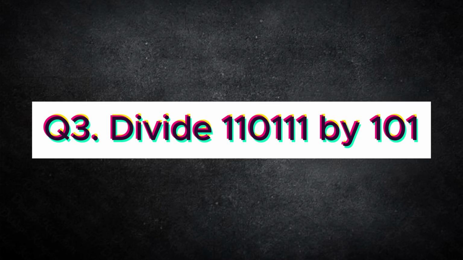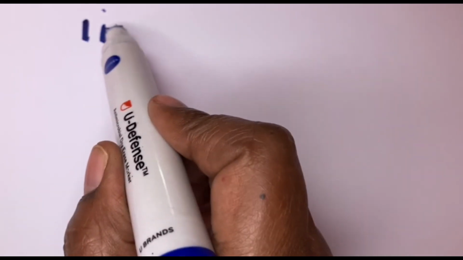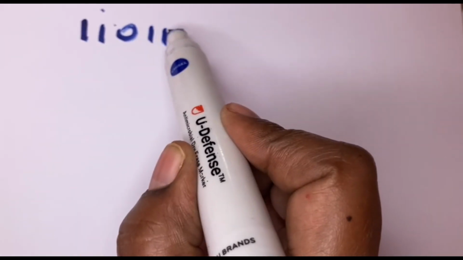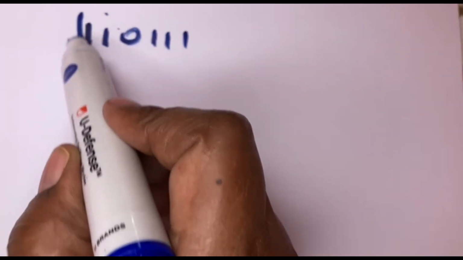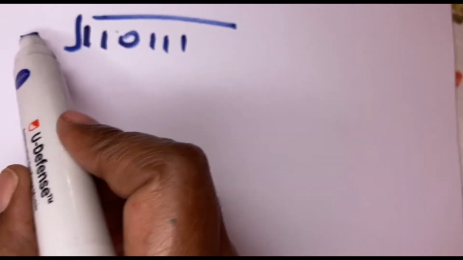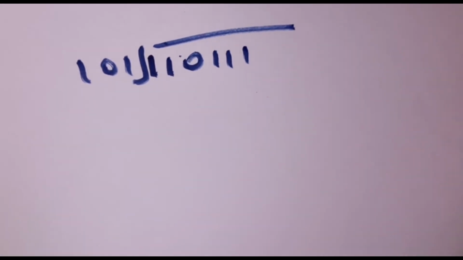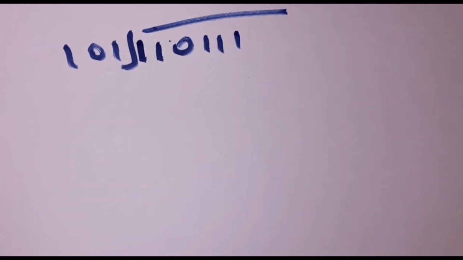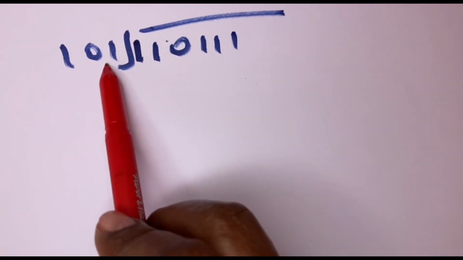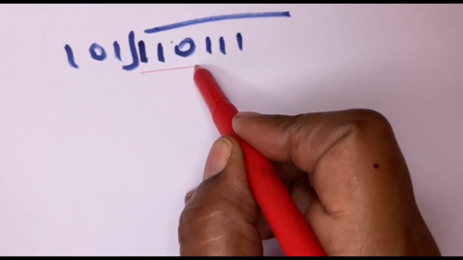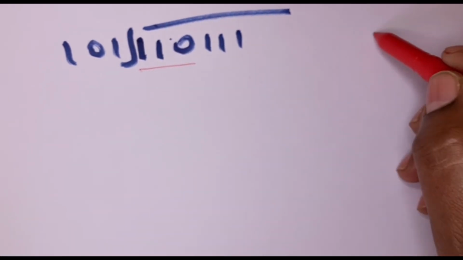Let's divide 1, 1, 0, 1, 1, 1 divided by 1, 0, 1. Again, since the divisor has three digits, we have to check the first three digits.